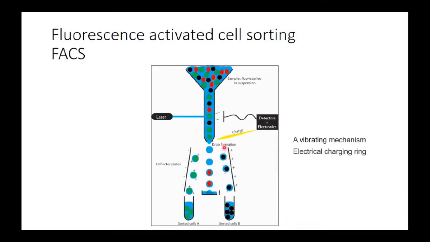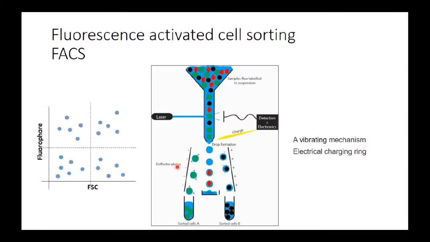The cells will pass through the laser beam, the detector will detect the fluorescence, and then the computer will charge the high fluorescent cells with a positive charge, for example, and the low fluorescent cells with a negative charge.